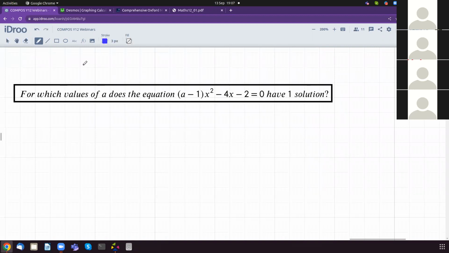Well, we know that this is a quadratic, and a quadratic has two solutions if the discriminant is positive, one solution if the discriminant is 0, and 0 solutions if the discriminant is negative. So we find the discriminant. The discriminant is b squared, which is 16, minus 4ac, so minus 4 times minus 2 times a minus 1.